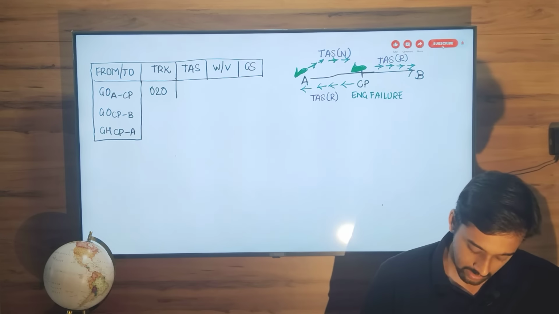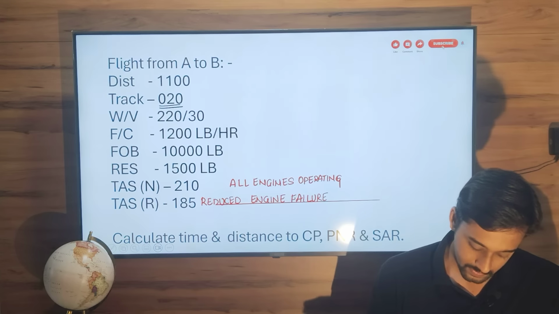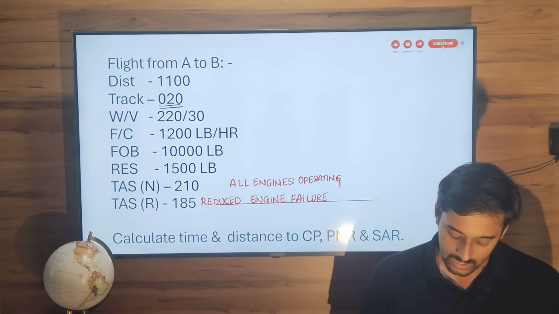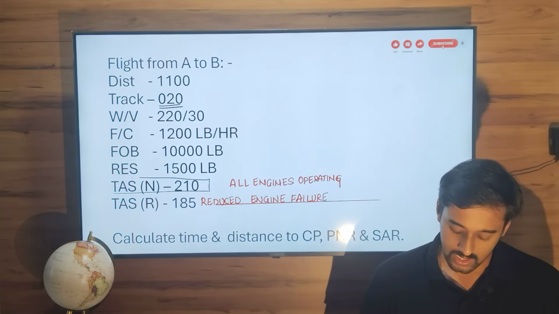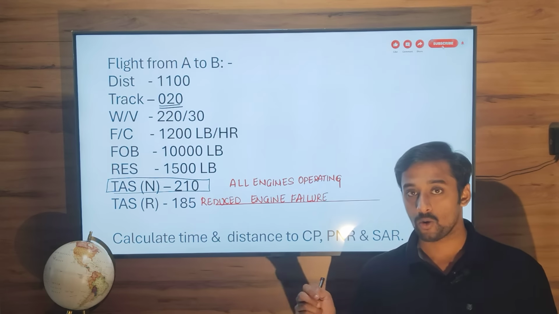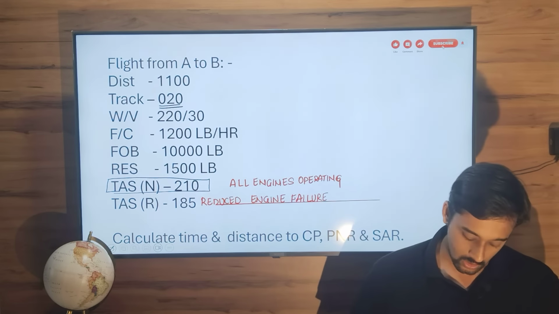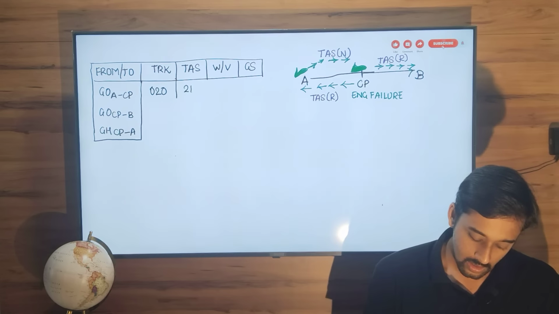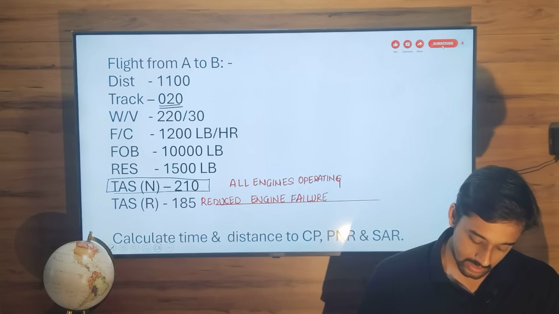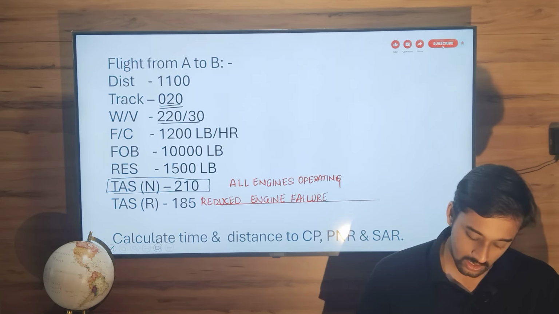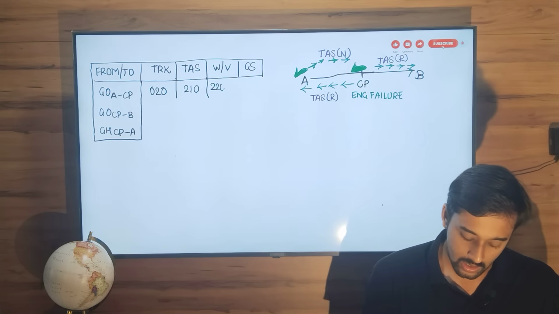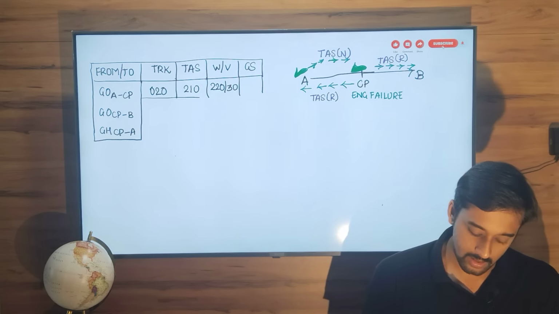The TAS that is given to you is normal TAS, 210 knots. From A to CP, 210. Everything is working good. Wind velocity 220 at 30. So what will be your ground speed?